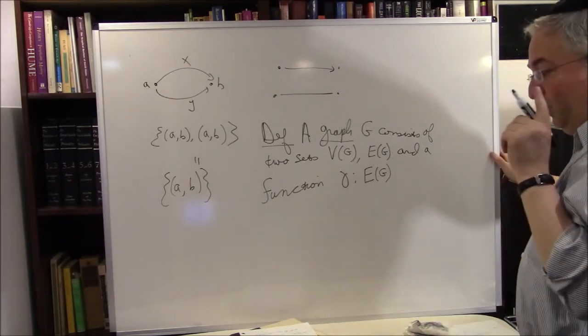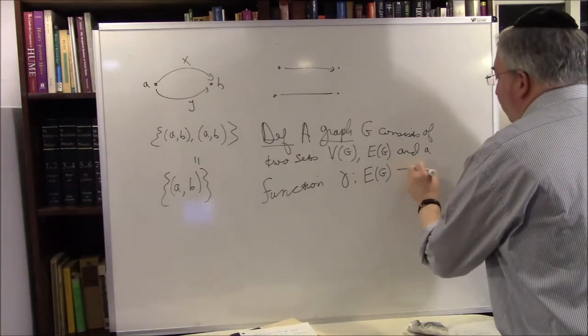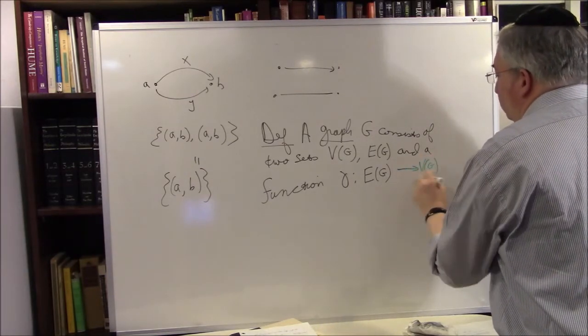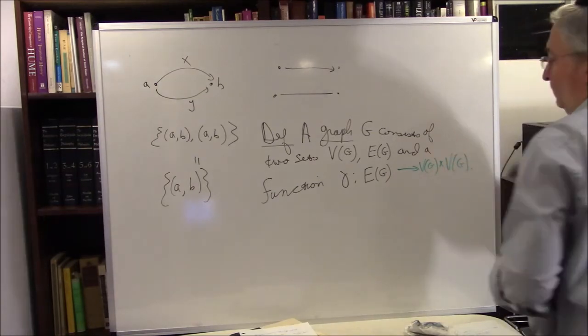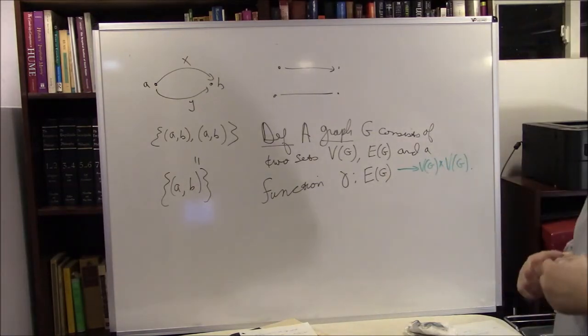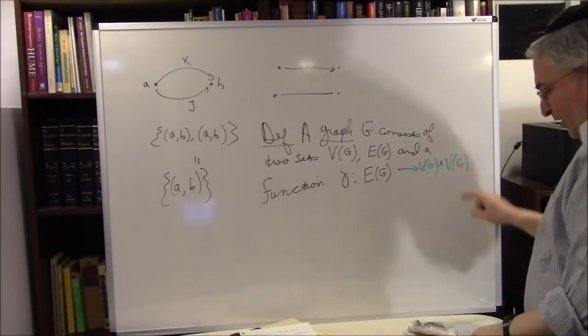Now, let's just remember what happened before. Before, it went to V of G cross V of G, but now we don't want that. We don't want a starting place and a finishing place.